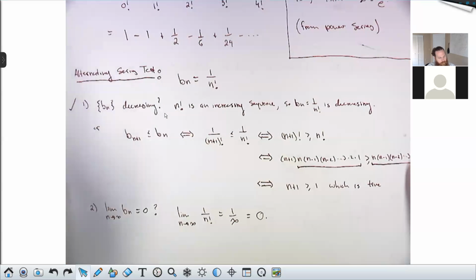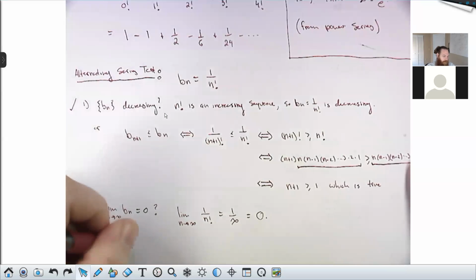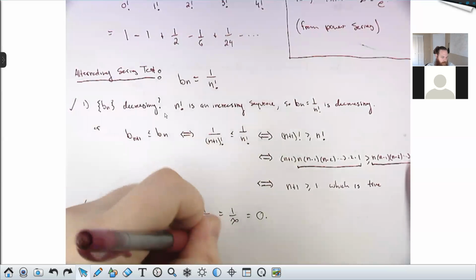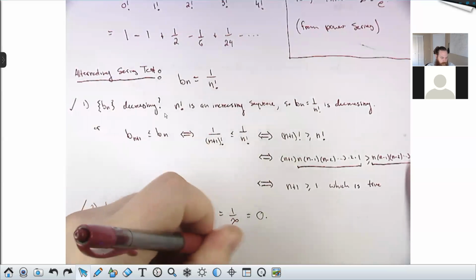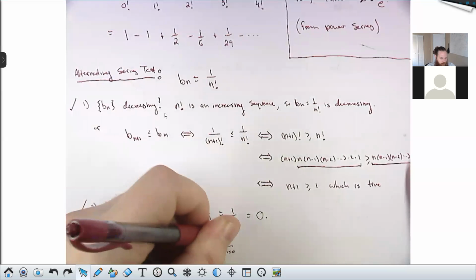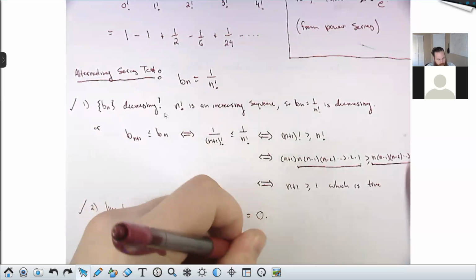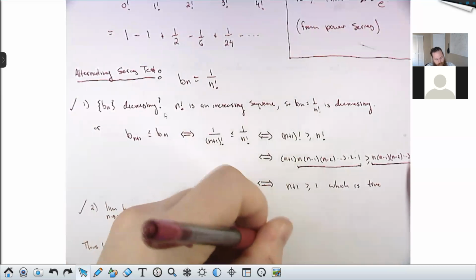So yep, both of these are satisfied. Thus, by AST, the series S equals the sum from n equals 0 to infinity of negative 1 to the n over n factorial must converge.